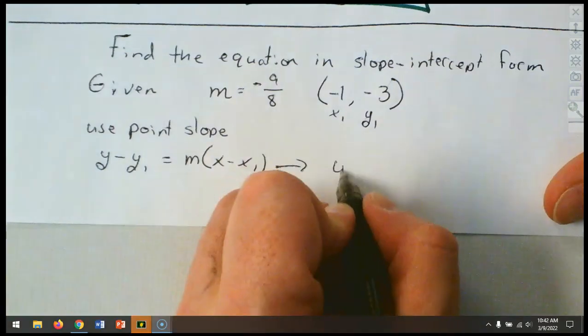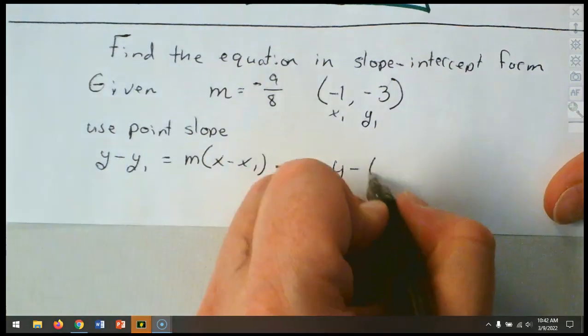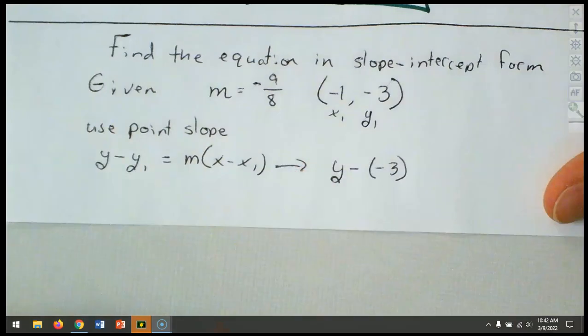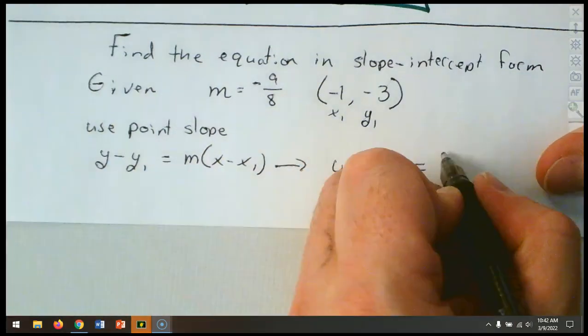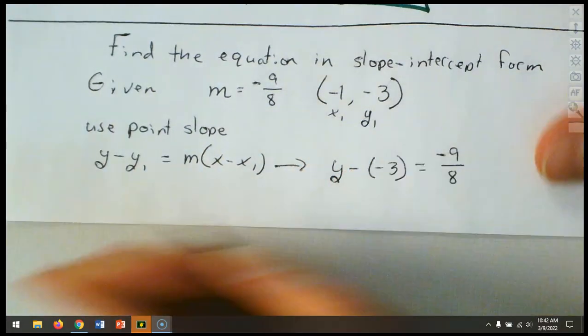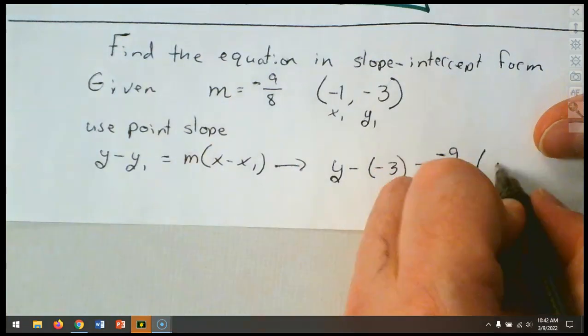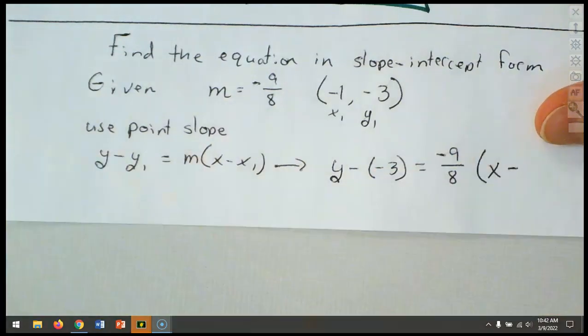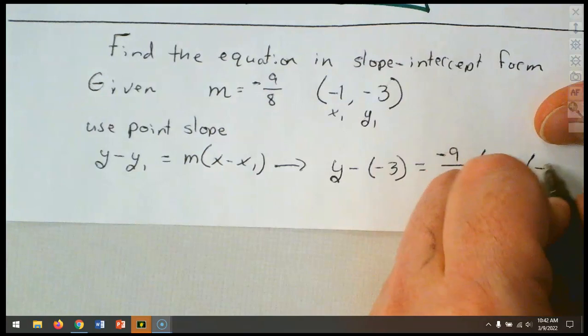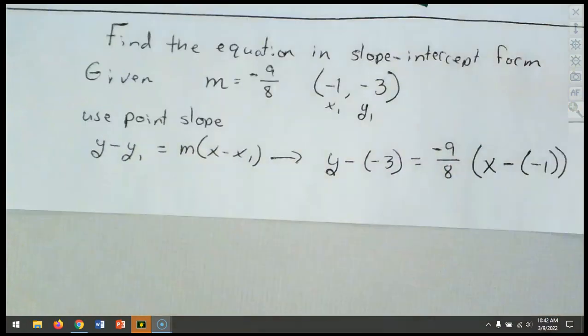So we've got y minus a minus 3 equals minus 9/8 times x minus a minus 1. So be sure and take your time here.